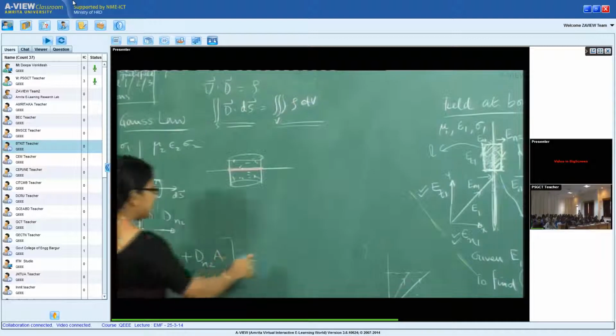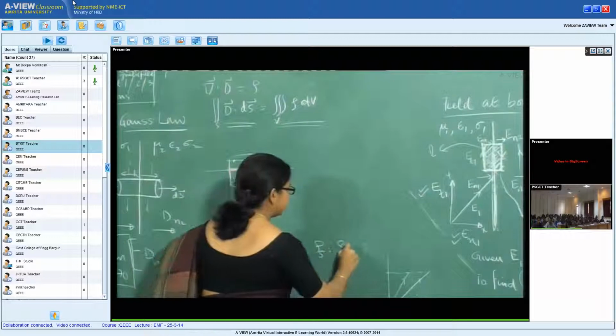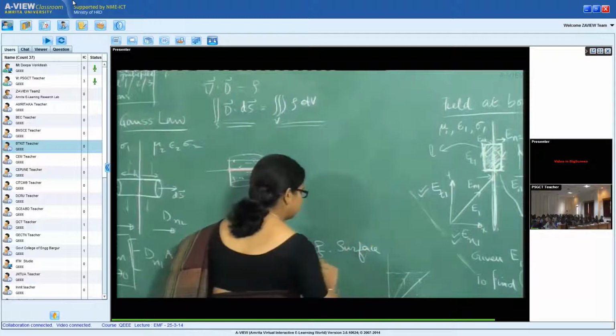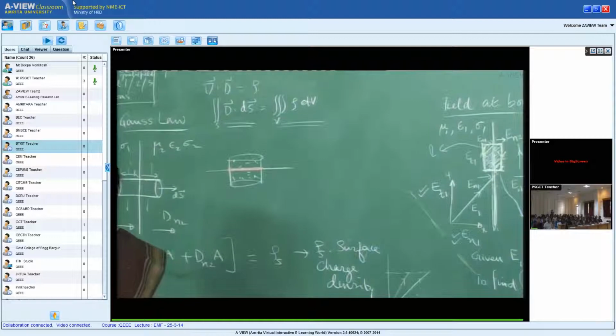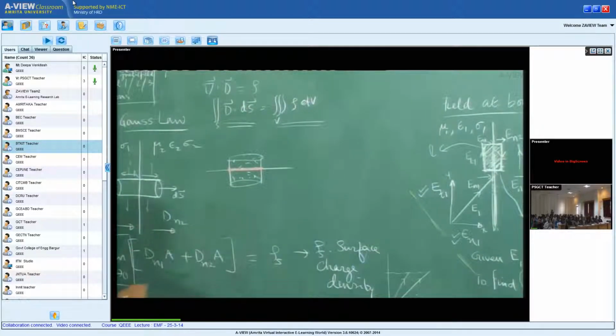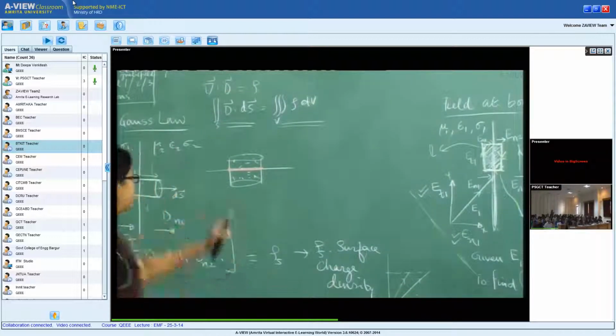So the right side is rho s, where rho s is the surface charge density. All the charges sitting on that surface divided by the area, that is surface charge density. In fact this would be the total charge, right?